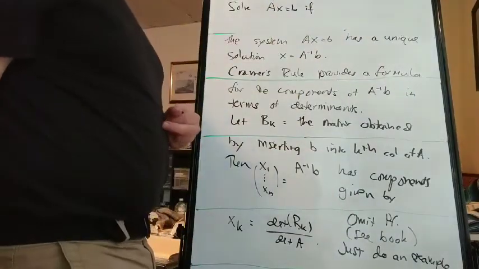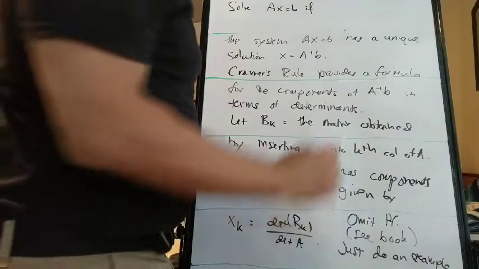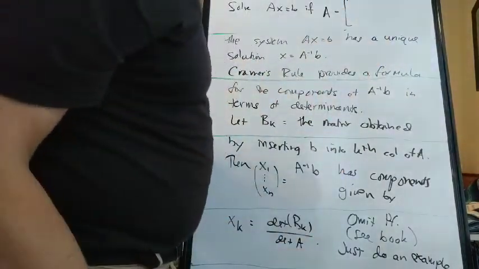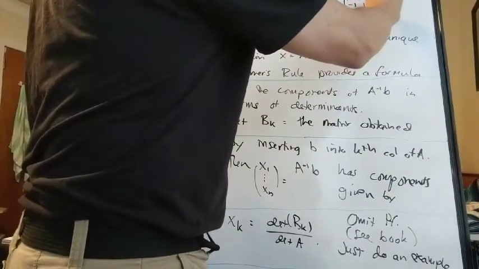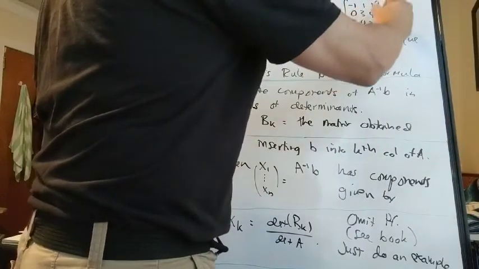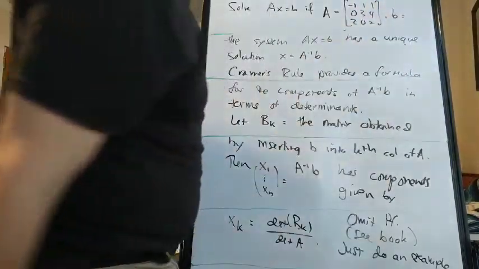So let's solve the system AX equals B if A equals the matrix -1, 1, 1, 0, 3, 4, 2, 0, 2, and B is the vector -4, -5, 2.